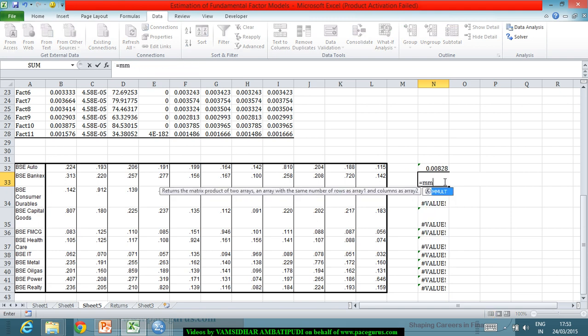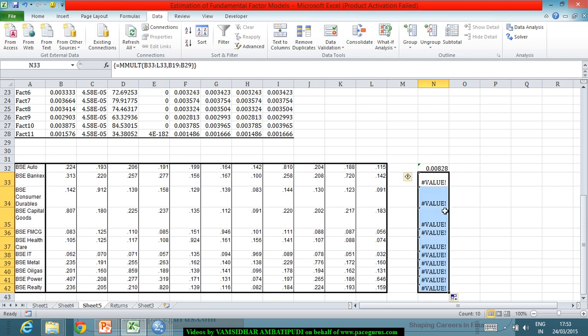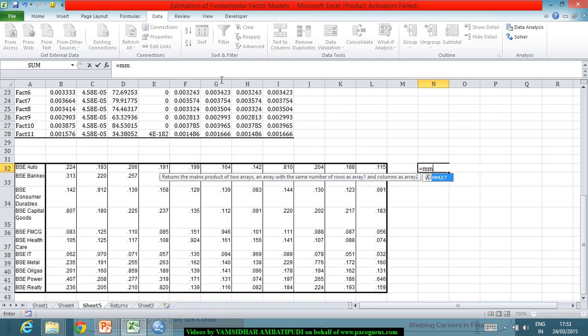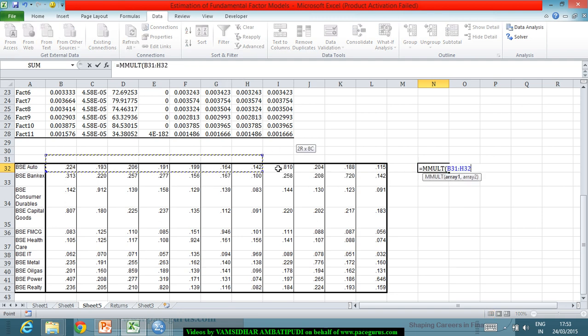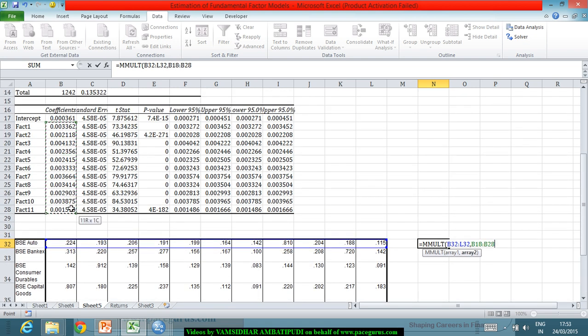And the same logic I can very well take right here. Let me do matrix multiplication between these, comma, these, right?